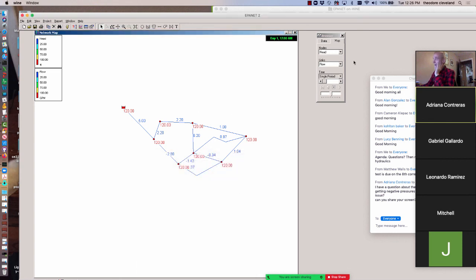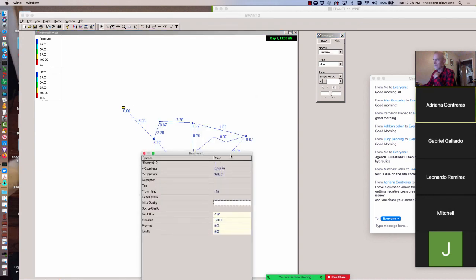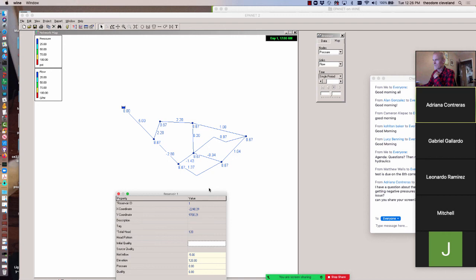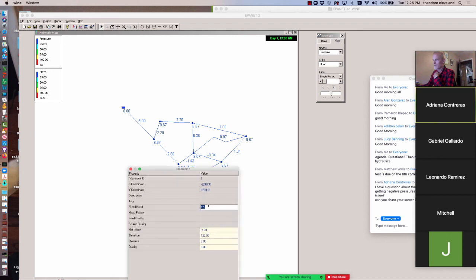And now I have a successful run, but when I switch my rendering to pressure, I still have really low pressures at the nodes. And if my goal is to hit 35 psi, looks like I need to add at least another 22 psi to it. So let's see what happens if we run at 144.